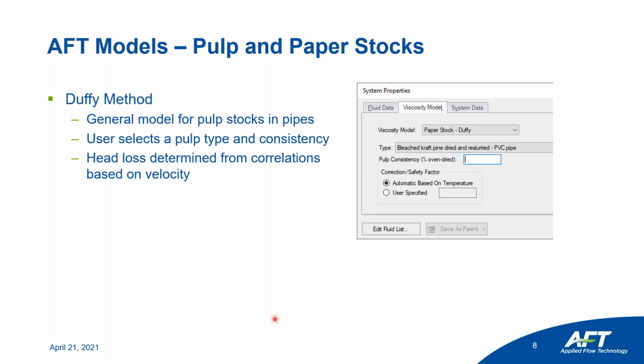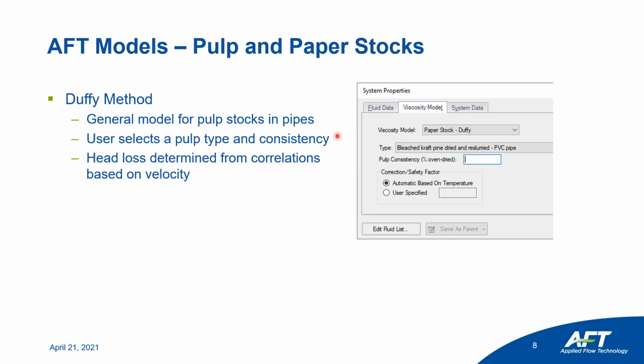I didn't really have any ordering here other than when you go into the system properties window and you open up your viscosity model, the very first viscosity model you'll see, other than a Newtonian fluid, is this paper stock Duffy model. So the Duffy method is a general model used to model pulp stocks in pipes. Pulp being wood shavings that you use eventually for paper.